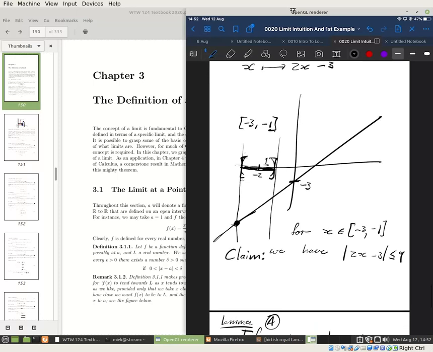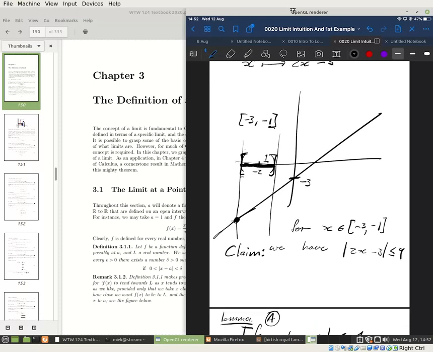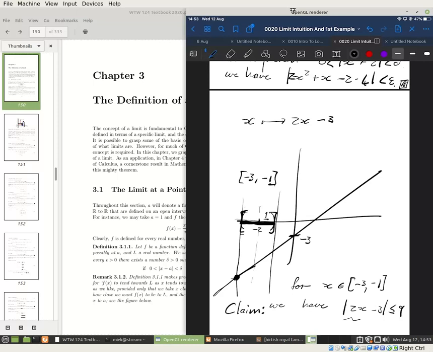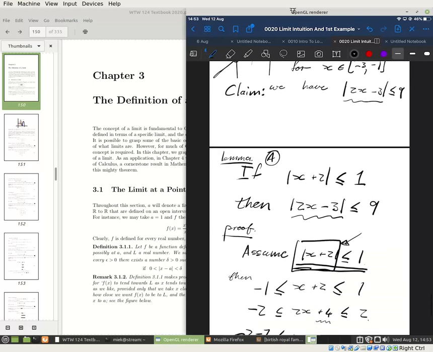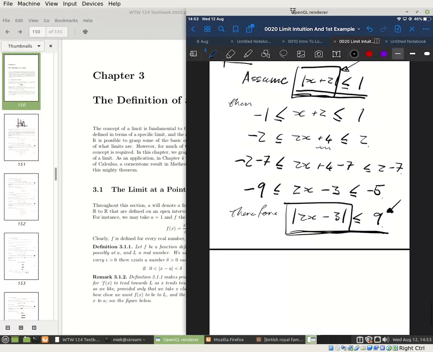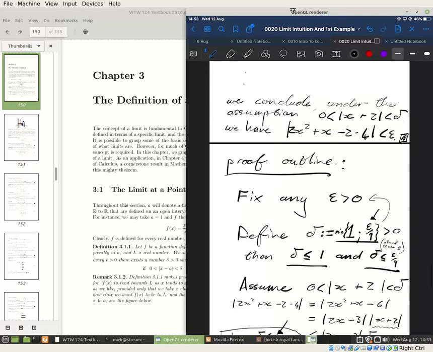So all we do is we restrict our view to a closed interval around -2, and we ask ourselves, can we find some bound for the absolute value of this expression? And if we restrict ourselves to this interval, the interval of radius 1 around -2, we obtain that this expression is less than or equal to 9. So that is why we have the 1 here.